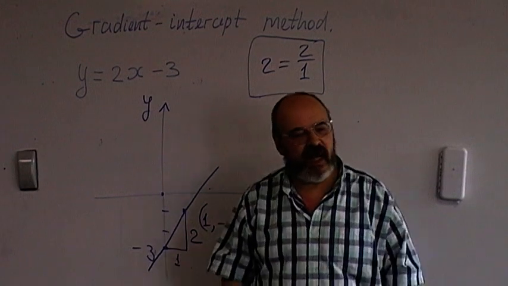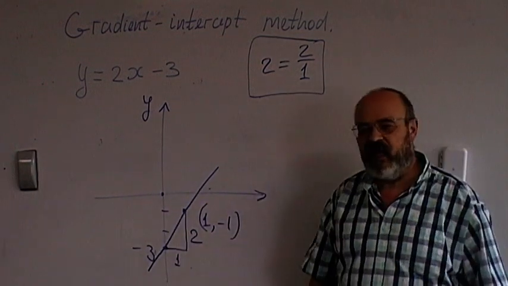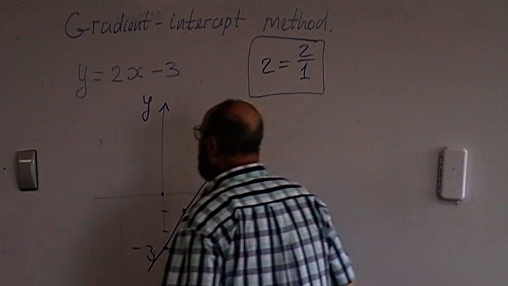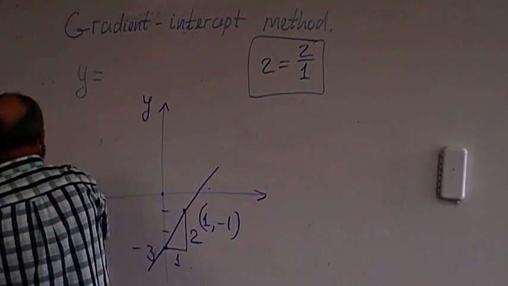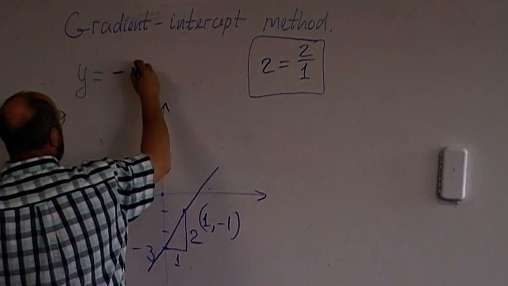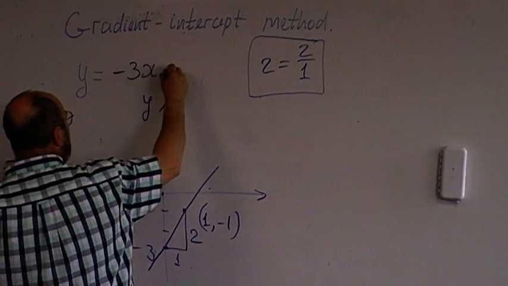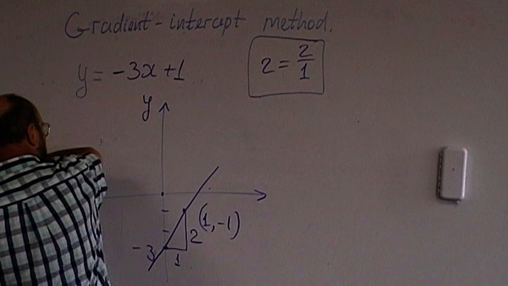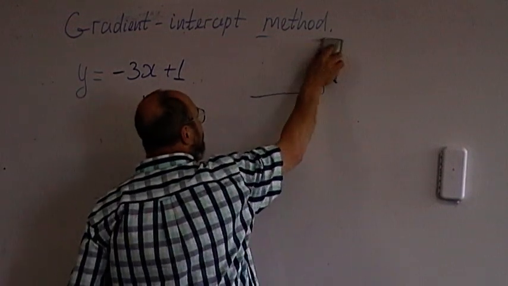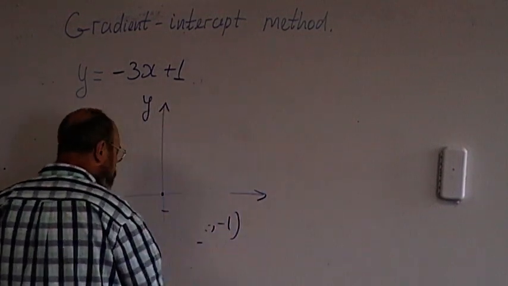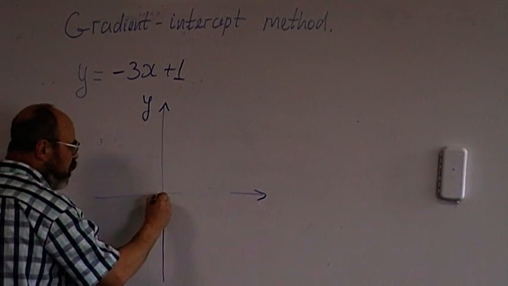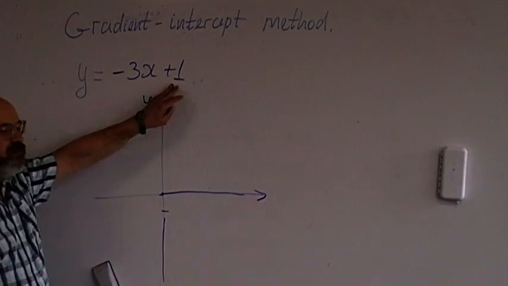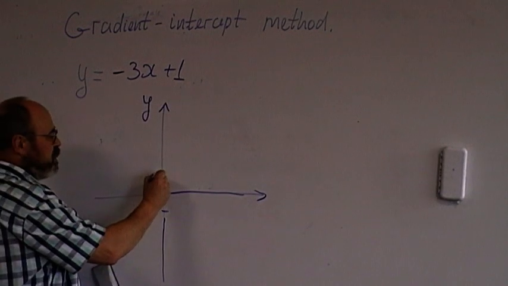Now, next example. Let's sketch the next one, negative 3x plus 1. So we start from the y-intercept. What is the y-intercept? 1. So we start from 1.